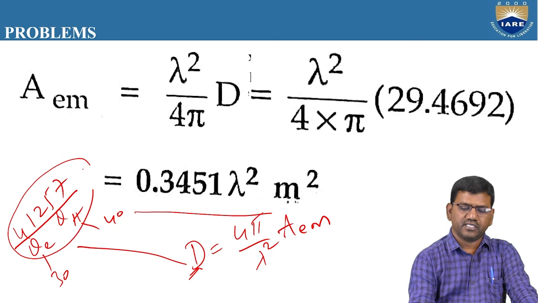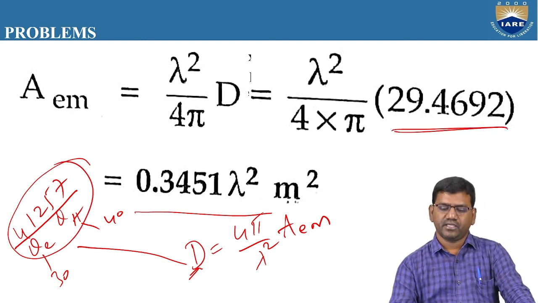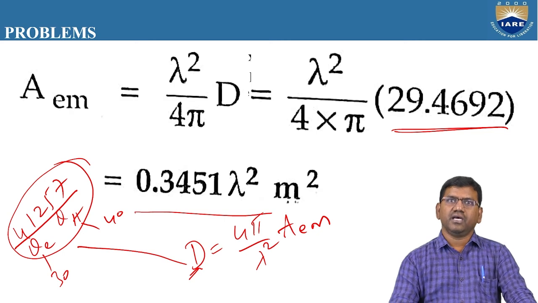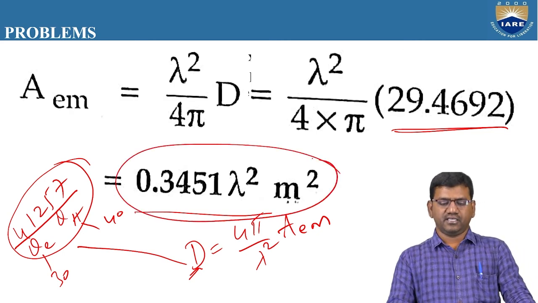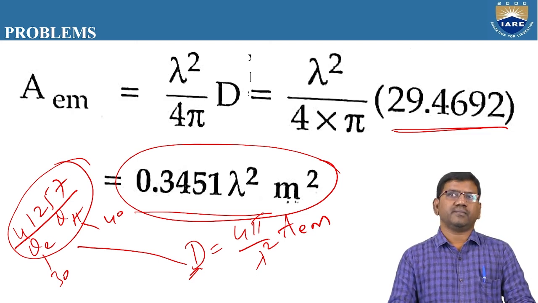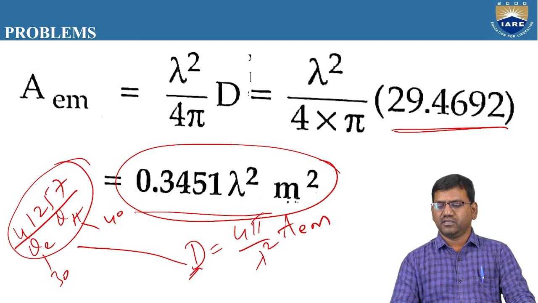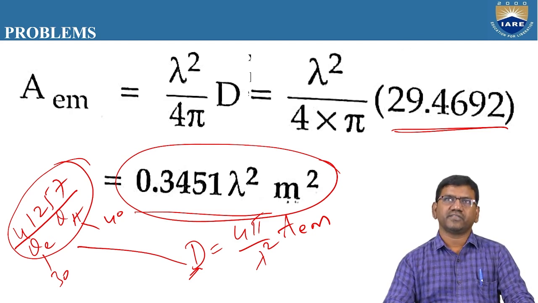You simplify this expression and you will get 29.4692. If you further simplify and substitute, you will get 0.3451 lambda square meter square. So these are the various problems based upon the parameters of the antenna.